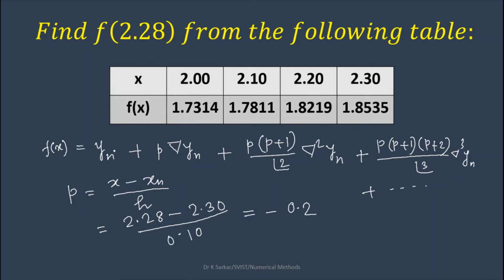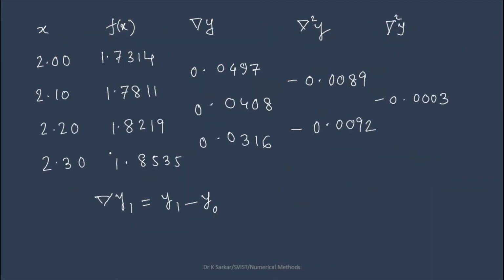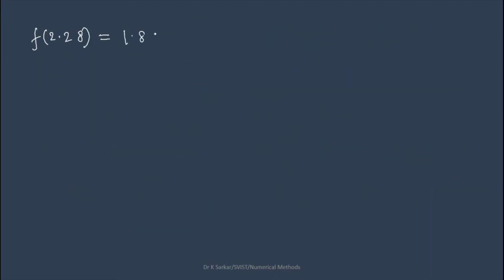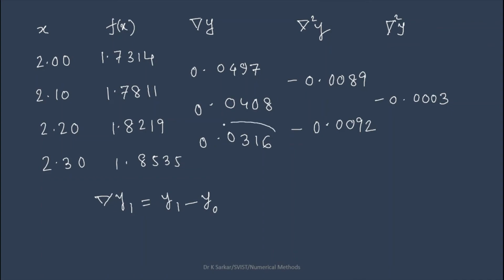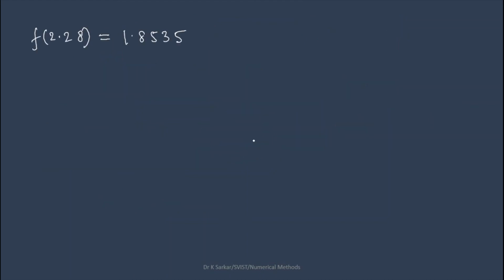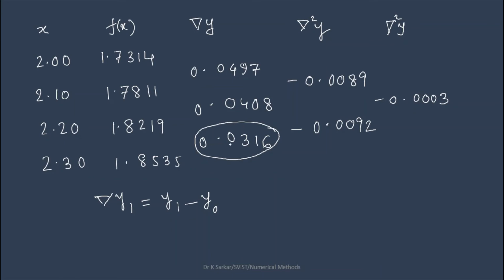So here we will put 1.8535, then plus p into del yn. So p is minus 0.2 and del yn is this value, so plus minus 0.2 multiplied by 0.0316.